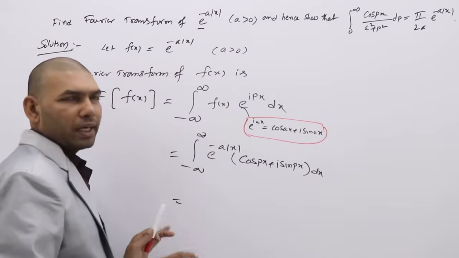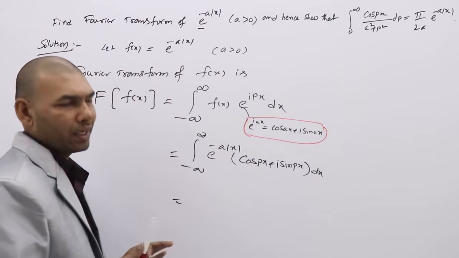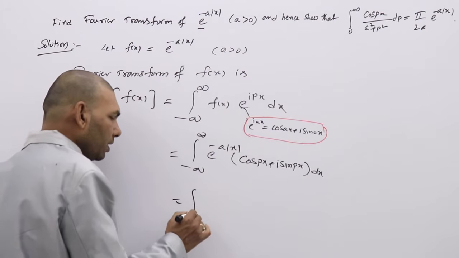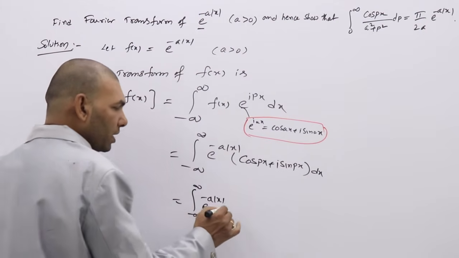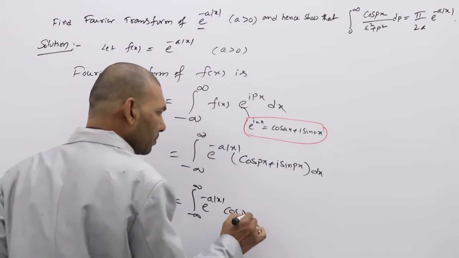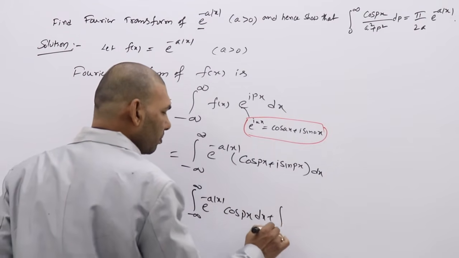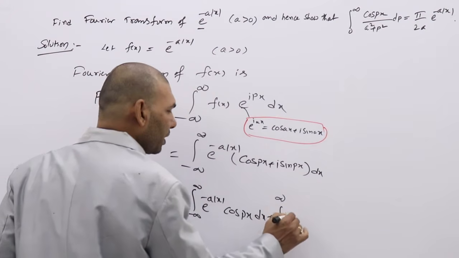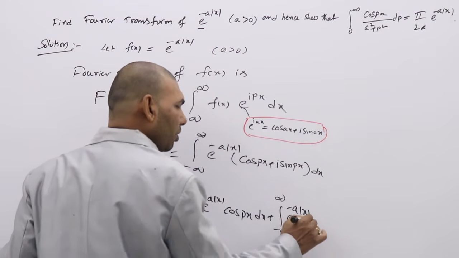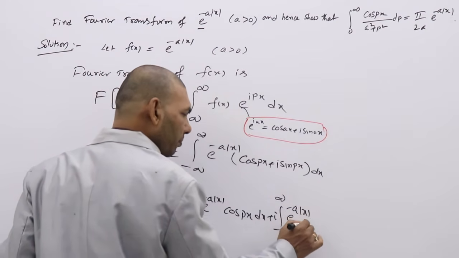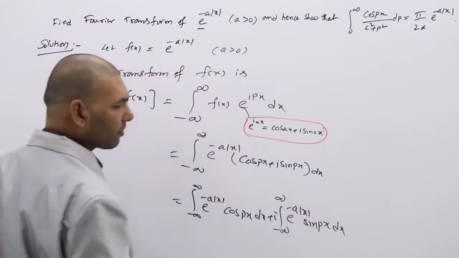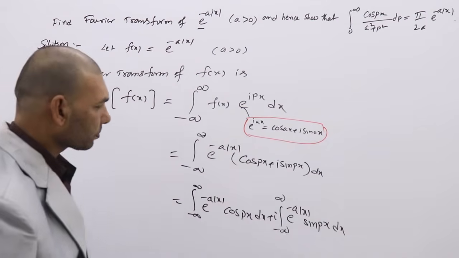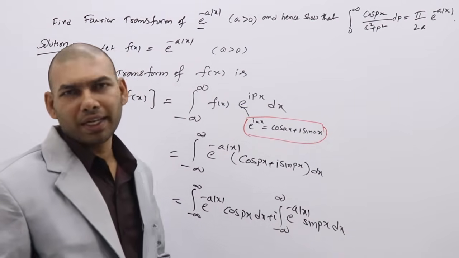Now multiply and split the integral into two integrals like this: integral minus infinity to infinity e power minus a mod x cos px dx plus integral minus infinity to infinity e power minus a mod x, here i is there, sin px dx.